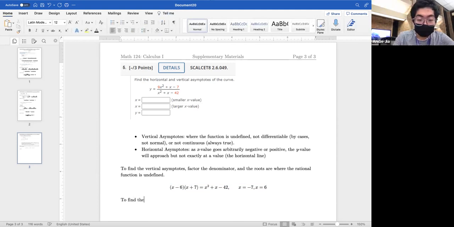To find the horizontal asymptote, take the limit at infinity. Note that there are 3 cases you need to look for.